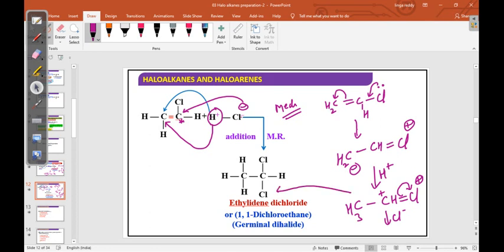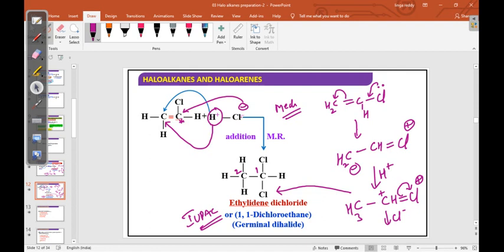So finally we are getting ethylidene dichloride, or geminal dihalide. The IUPAC name is 1,1-dichloroethane. You have to give the numbering for the IUPAC name.